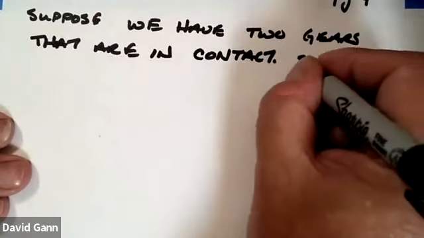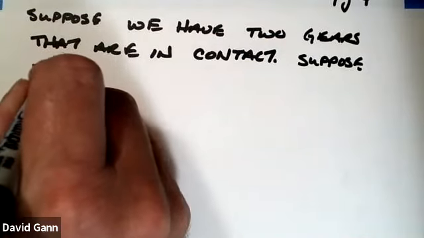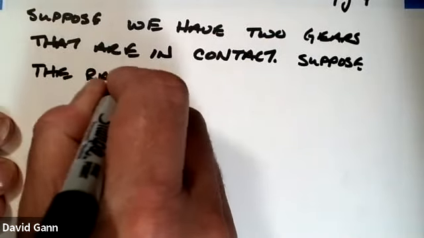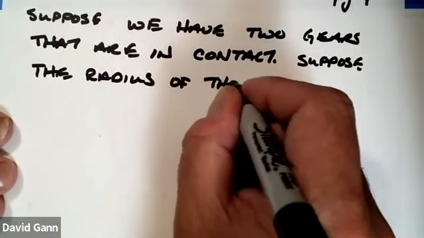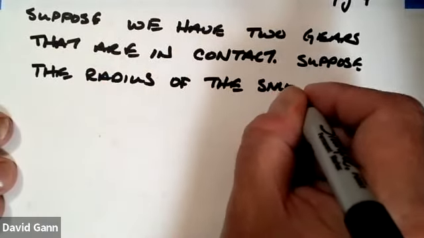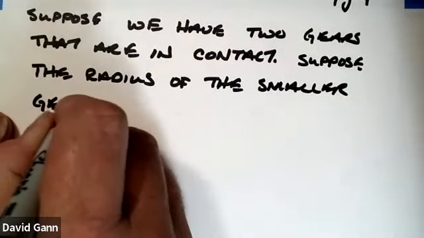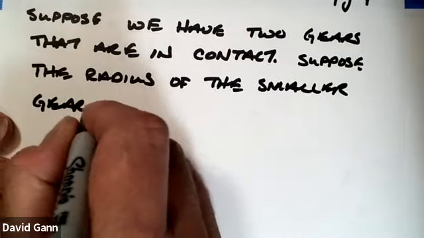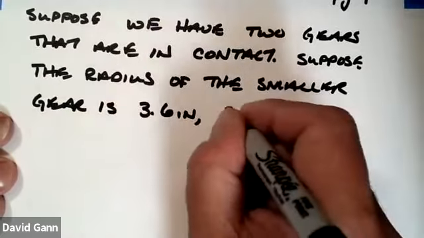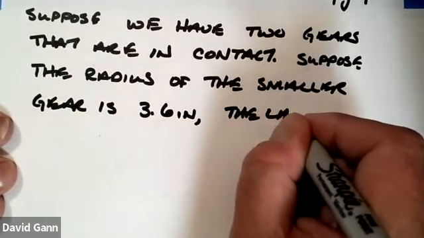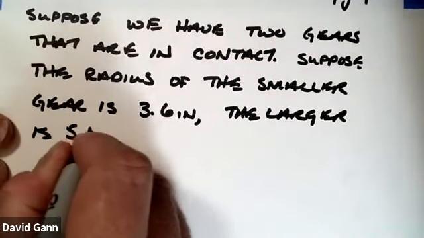Suppose the radius of the smaller gear is 3.6 inches, and the larger is 5.4 inches.